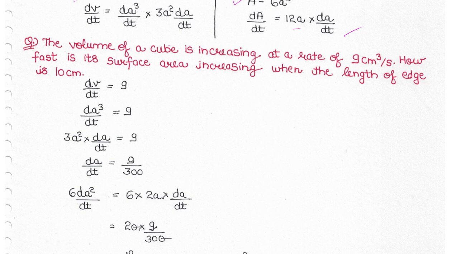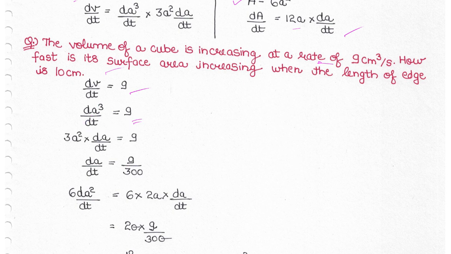Now the volume of a cube is increasing at a rate of 9 cm cube per second. How fast is its surface area increasing when the length of edge is 10 centimeter? So here dV/dt is equal to 9. So d(A cube)/dt is equal to 9.